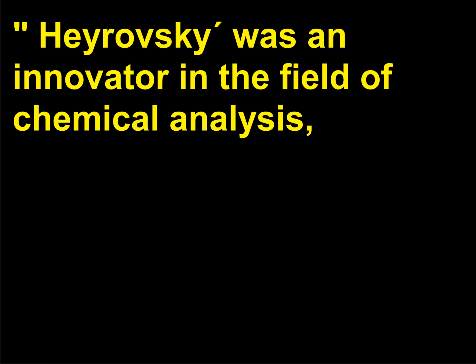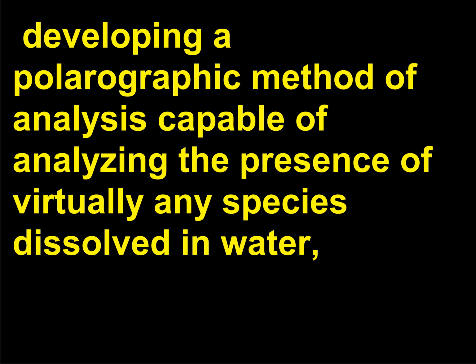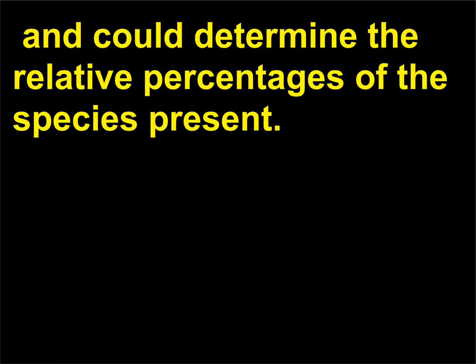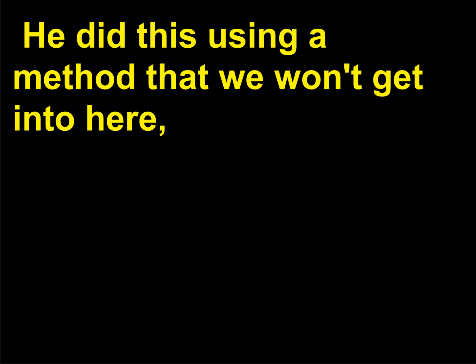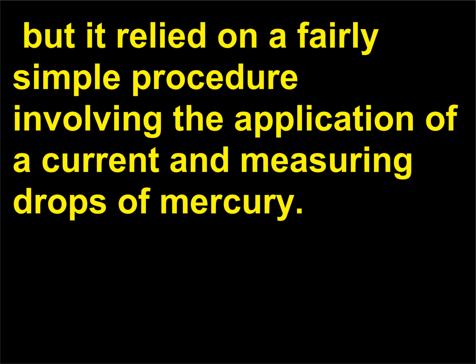Heyrovsky was an innovator in the field of chemical analysis, developing a polarographic method of analysis capable of analyzing the presence of virtually any species dissolved in water, and could determine the relative percentages of the species present. He did this using a method that we won't get into here, but it relied on a fairly simple procedure involving the application of a current and measuring drops of mercury.